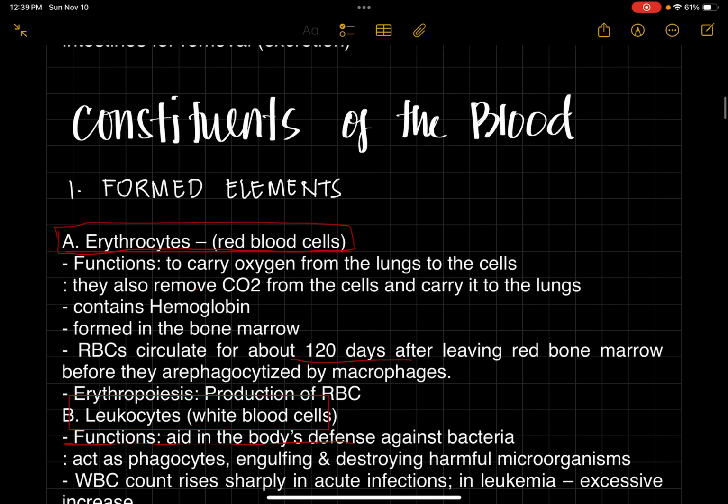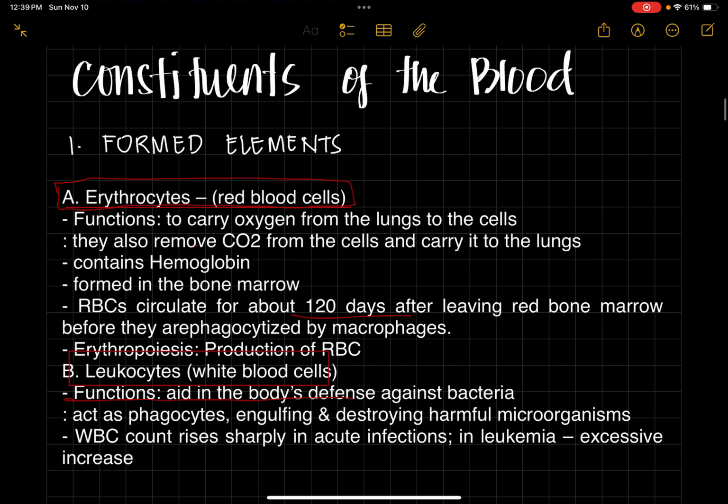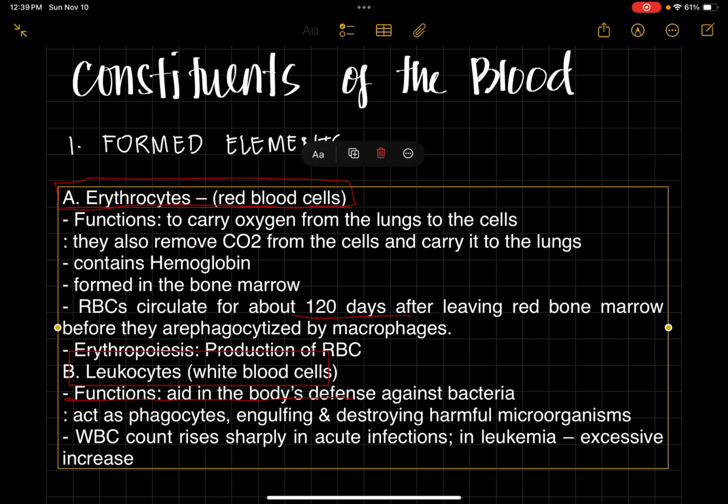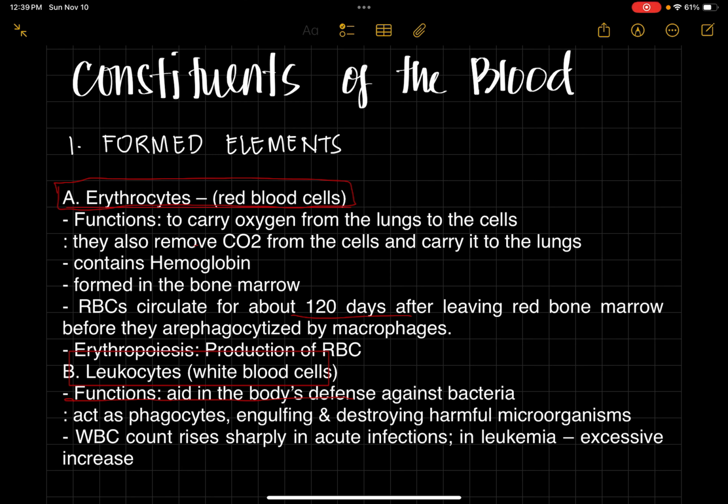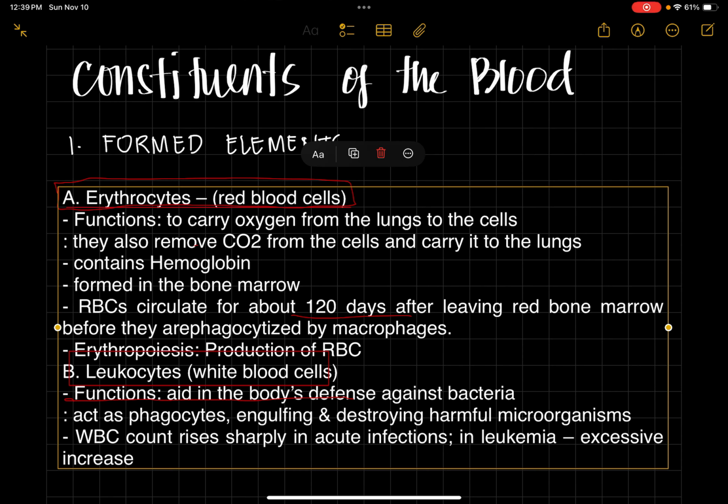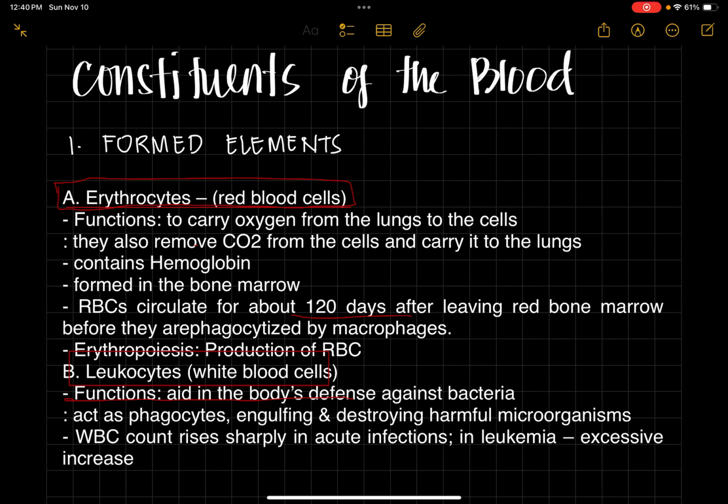We have constituents of the blood, formed elements, no? Ang formed elements, A is erythrocytes or ang red blood cells. Its function is to carry oxygen from the lungs to the cells, and they also remove carbon dioxide from the cells and carry it to the lungs, and they contain hemoglobin formed in the bone marrow.